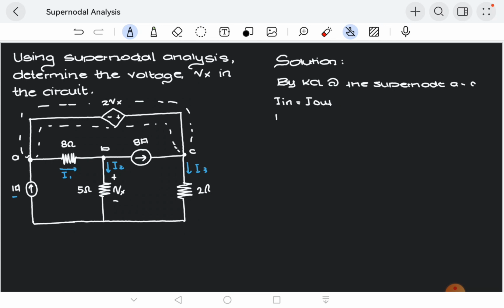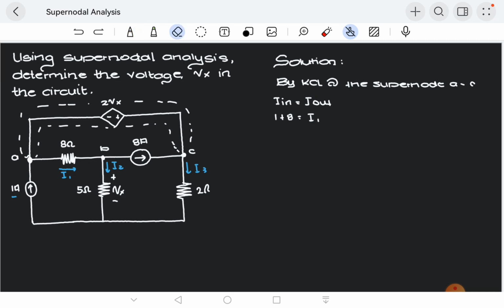For node C, I in is 8 amperes, so we add plus 8. Now I out, with reference to node A, we have I1, and for node C we have I3.